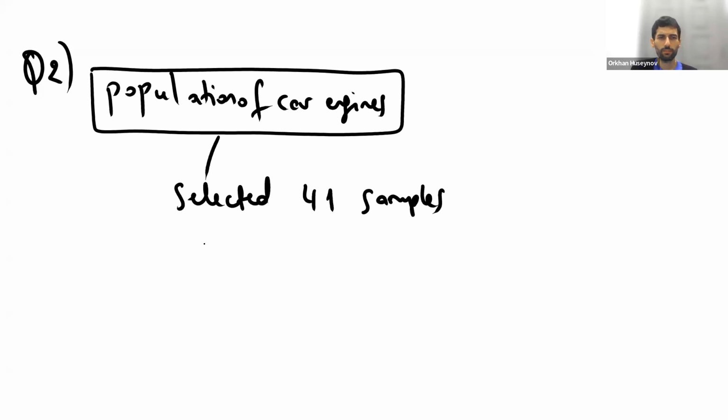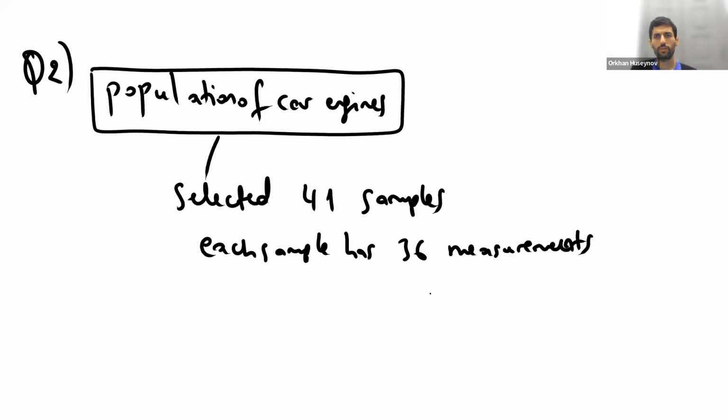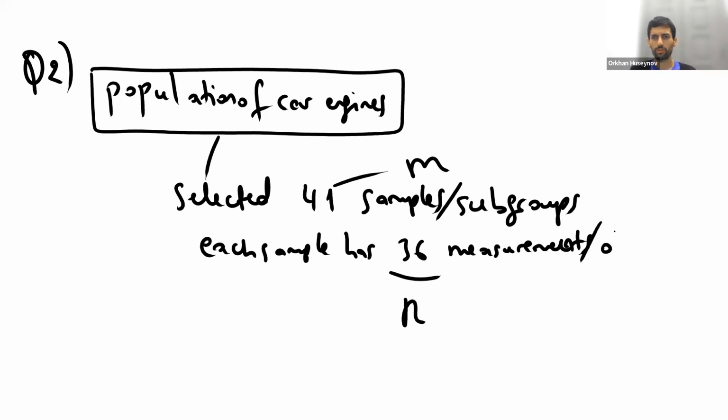And then each sample has 36 measurements. This one we call N, and this one we call M. Samples are also called subgroups. Measurements are also called observations. We have 36 observations, and then we have 41 samples.